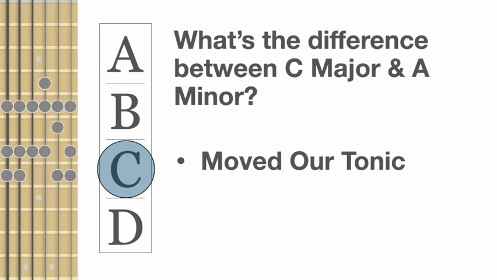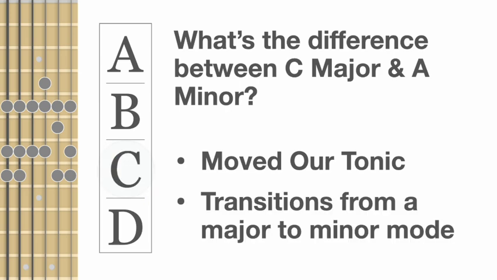Moving tonics and comparing major and minors, you can do it, but it requires a much more fundamental understanding. So when you're first starting off, this is not a good question to be asking yourself. So you get the idea.